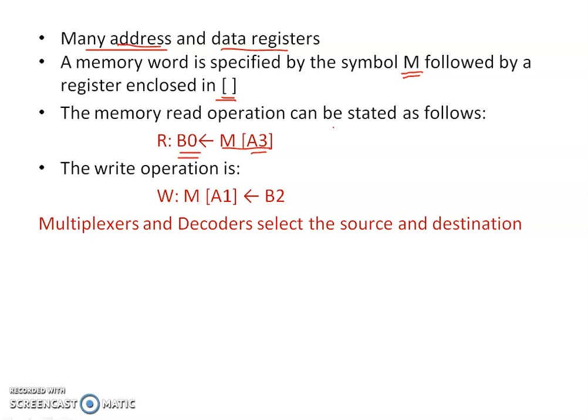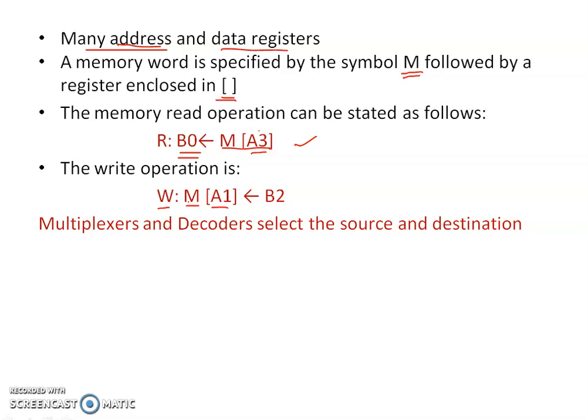So the memory read operation can be written like this, which means that A3 has an address, and that address has some data which will be loaded to B0. In order to retrieve that data, we make use of M with square brackets. Similar is the case with the write operation. W represents the write signal, which, if enabled, means M of A1, where A1 is some address.